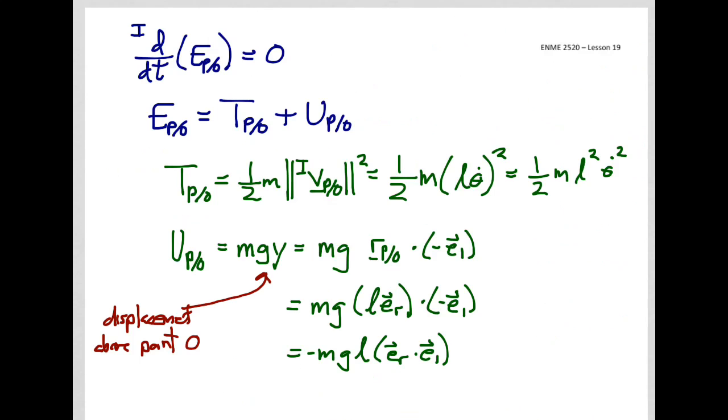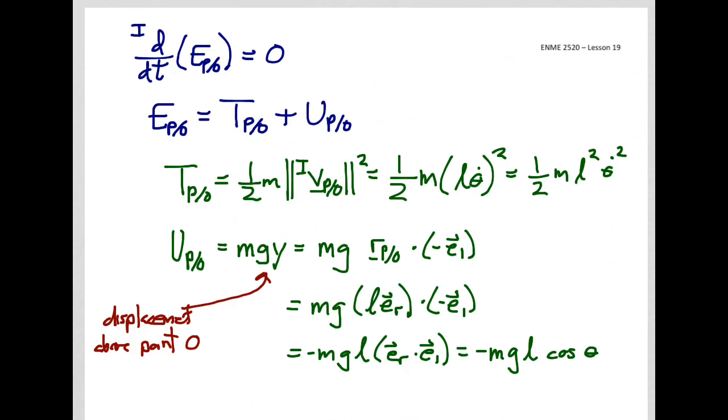ER dotted with E1, using our transformation table, is cosine theta, so we get the answer for our potential energy due to our state: negative mgL cosine theta. All right, so let's just make sure that makes sense. Negative mgL cosine theta.